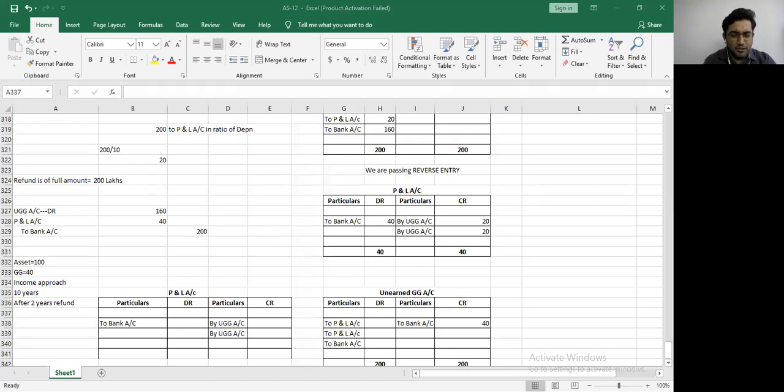Can we not use the useful life of the asset? You will get the same answer. Can't we use the useful life of the asset in the ratio of depreciation or useful life? You have the useful life directly given in the question. So my question to you is, can I use that useful life directly? Okay. So per annum, tell me how much goes to the profit and loss account?